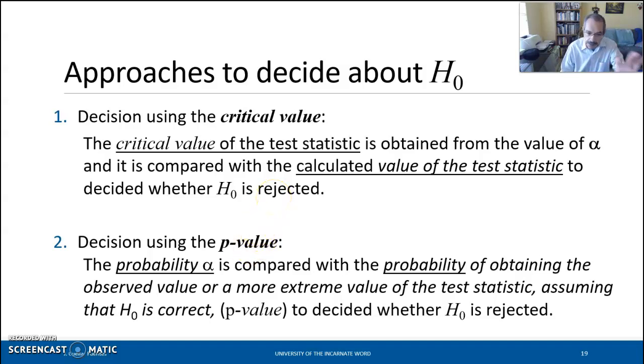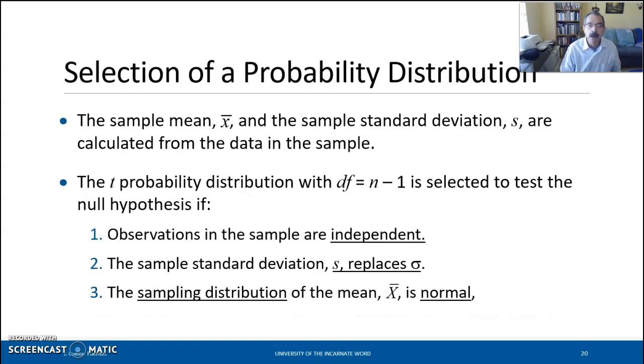Now, before we can explain this in more detail, we need to talk about the test statistic. So how do we select the probability distribution so that we know what test statistic to use? Remember, we're using the sample mean and the standard deviation that come from the sample.